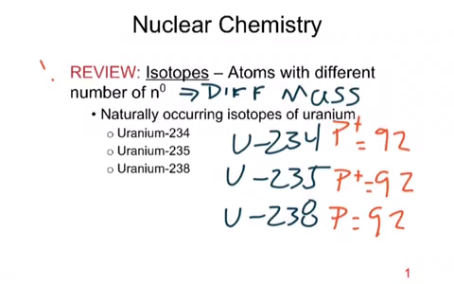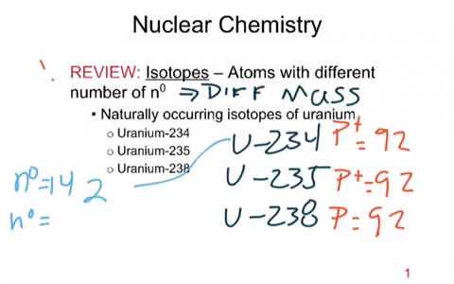Then what's the difference, and why do we get 234, 235, and 238? That is the number of neutrons. So for uranium-234, the number of neutrons would be 234 minus 92, which is 142 neutrons.